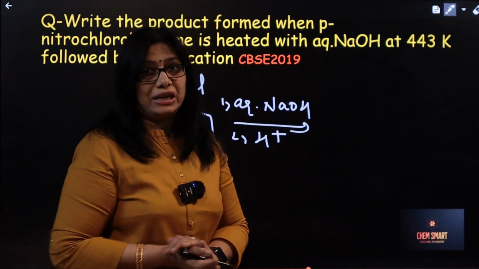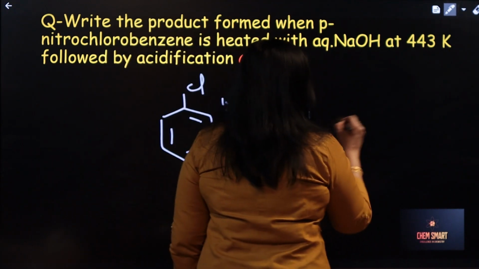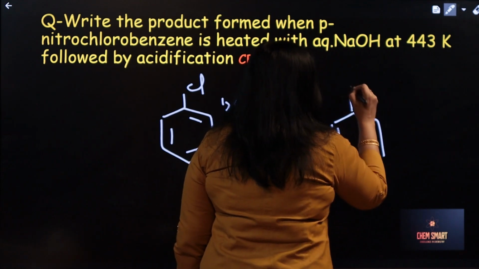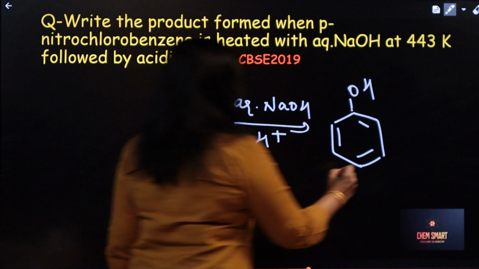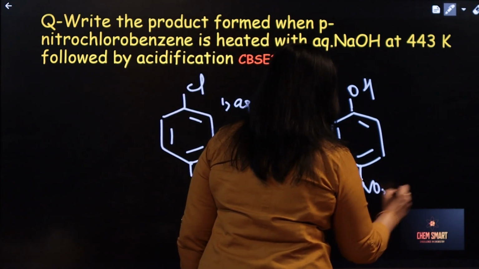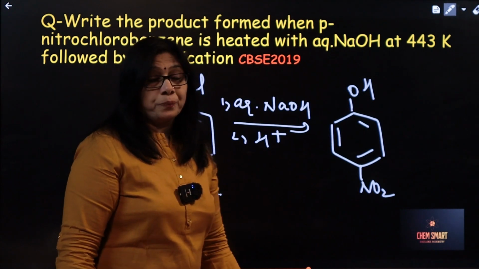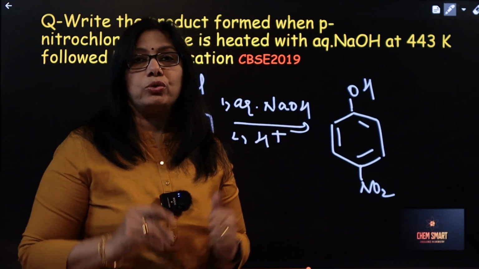But of course, it is not as easy as in the case of alkyl halides. So the answer here is that Cl minus is replaced by OH minus, and the NO2 group remains. So we'll be getting para-nitrophenol or 4-nitrophenol. And practice the other two equations also in your textbook.